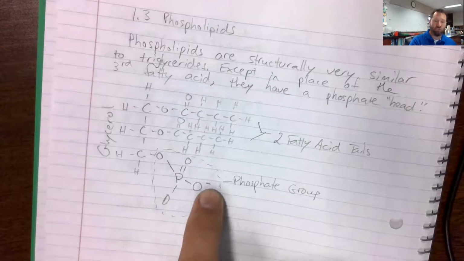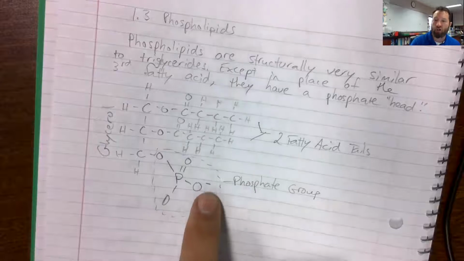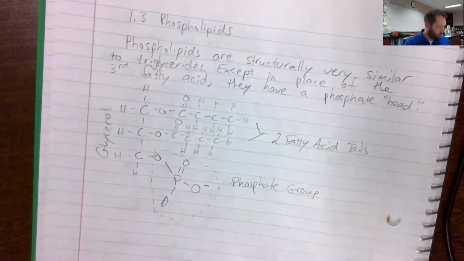Now, this charge is actually really important. So it's not a mistaken line I've drawn. It's not another bond. It's a negative charge.